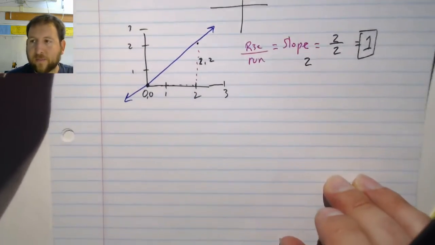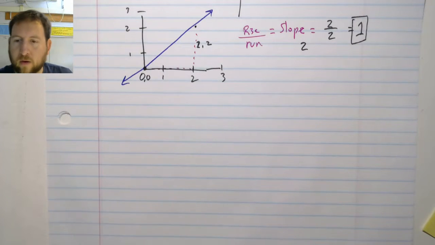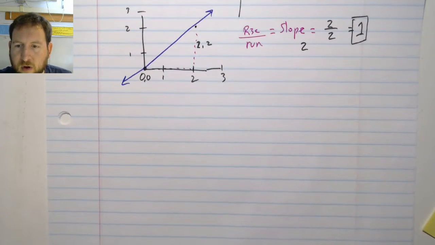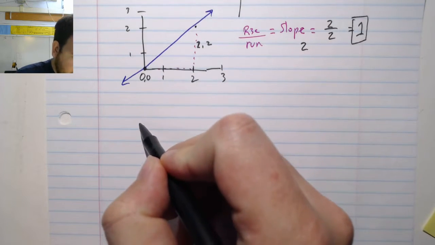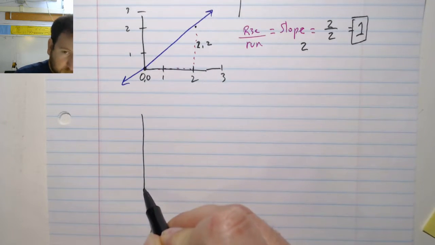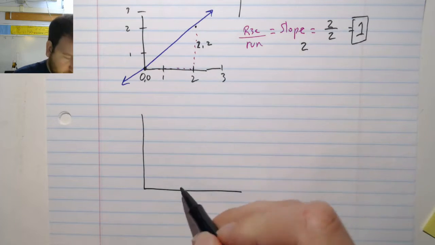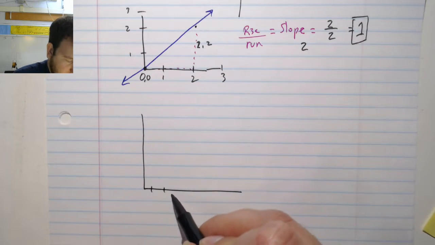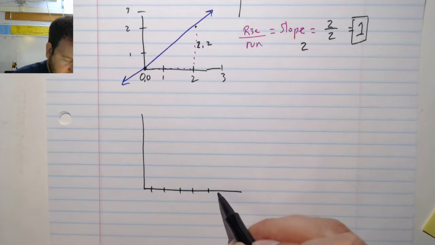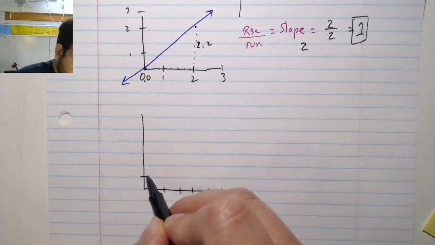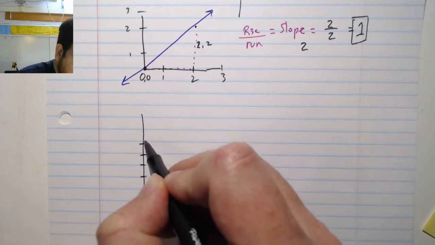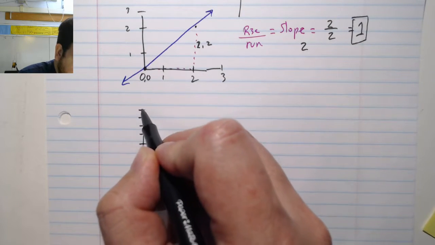So instead, if I were to draw out a coordinate plane, give me a second to draw this out. We are going to do this. And I'm going to go 1, 2, 3, 4, 5, 6, 7, 8, and 1, 2, 3, 4, 5, 6, 7, 8.